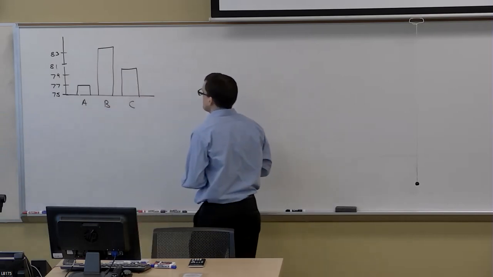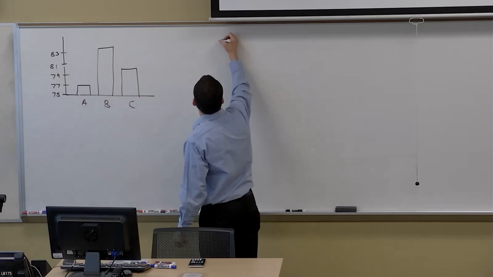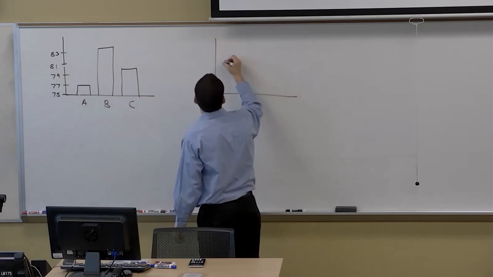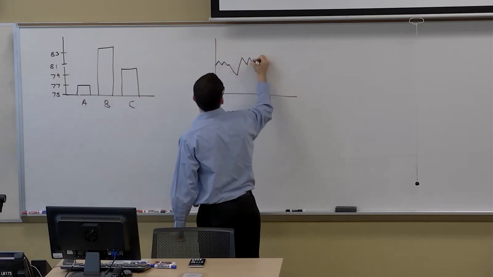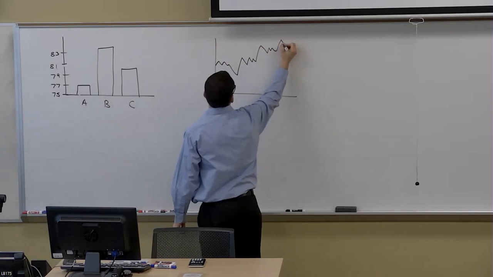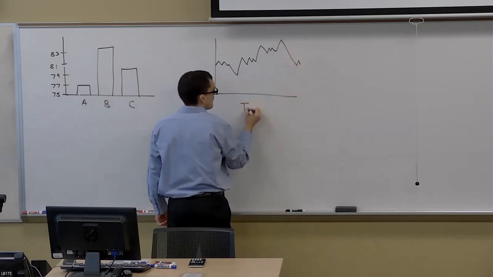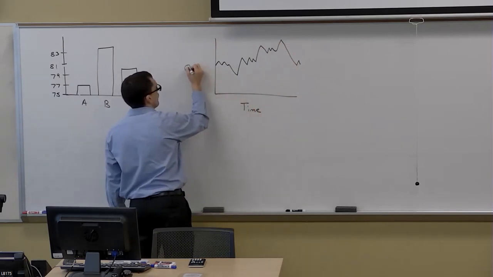Now, another type of misleading graph is one where we may look at how some sort of quantity changes over time.